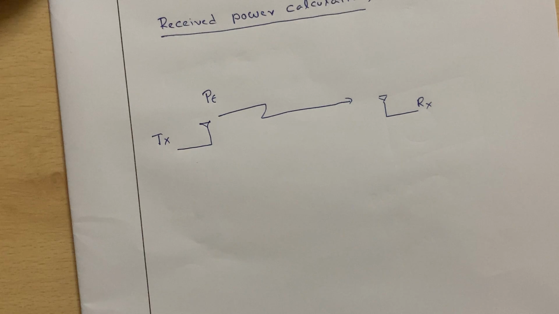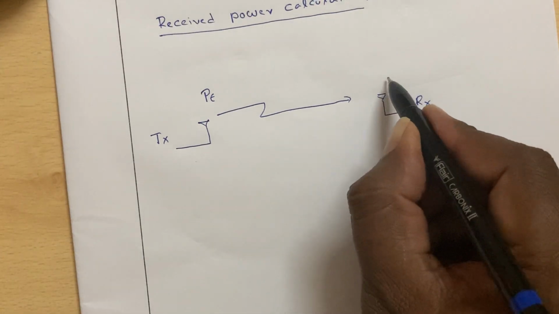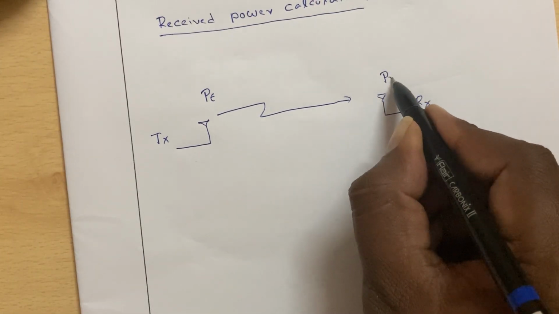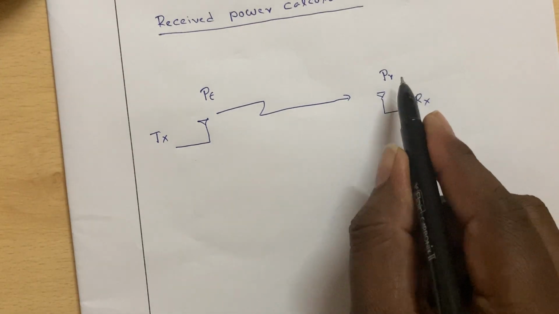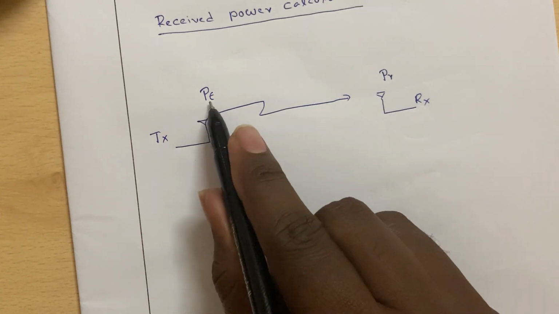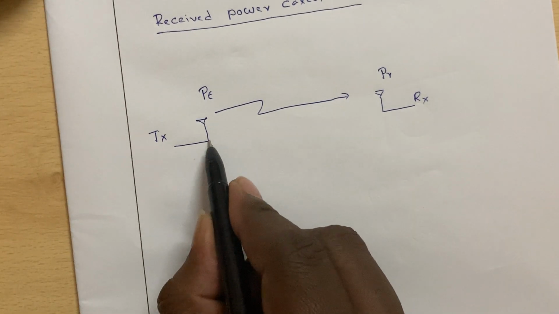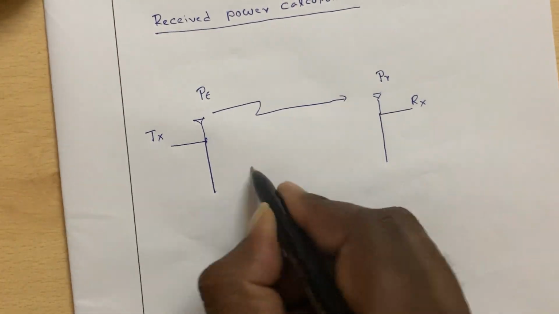As you increase the transmit power, the amplitude waveform peak value will increase, and the corresponding received power will be, say, PR, which depends on both the transmit power as well as the TR separation distance.